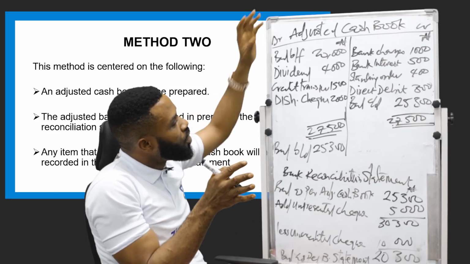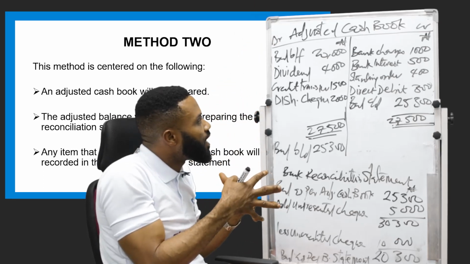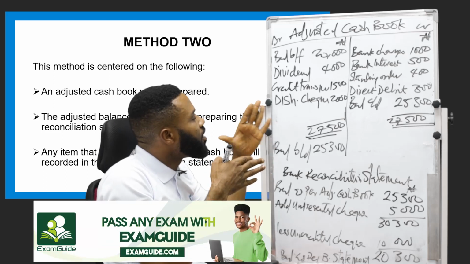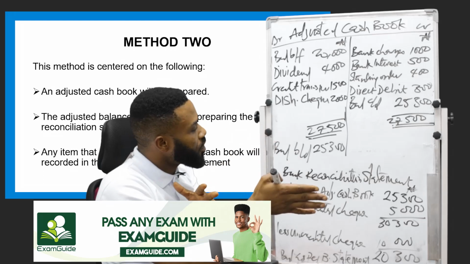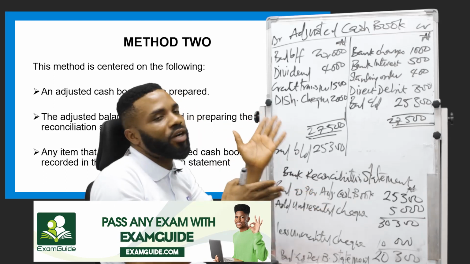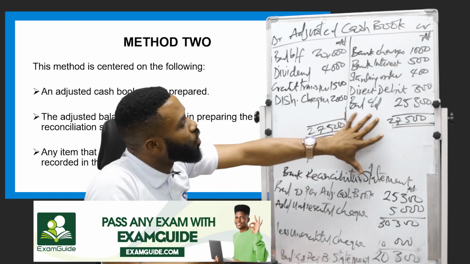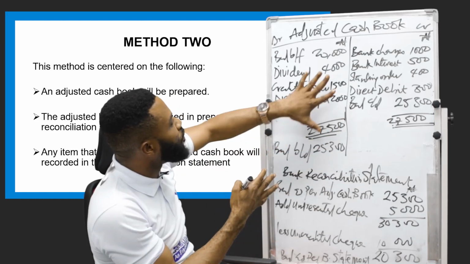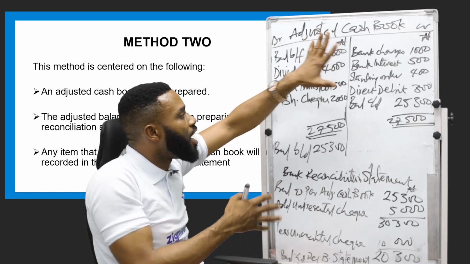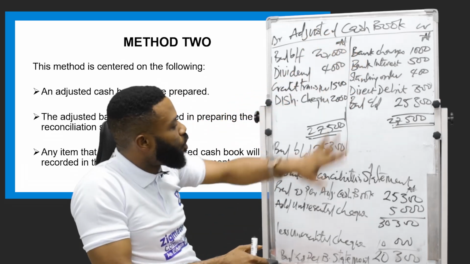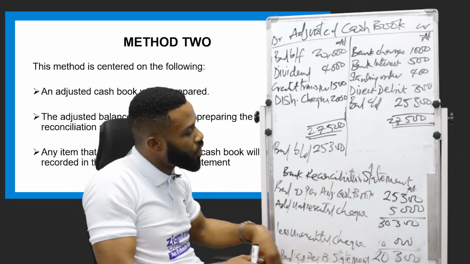The other method, you just tie everything together and you won't be able to appreciate the transactions. You won't be able to differentiate unpresented check from uncredited check. But with this method, you can see that you have already adjusted, and even the adjusted cash book alone will earn you marks back, not to talk of when you prepare the bank reconciliation statement.